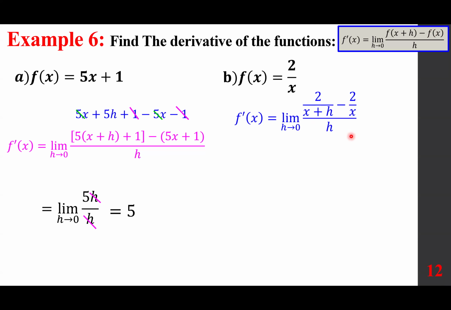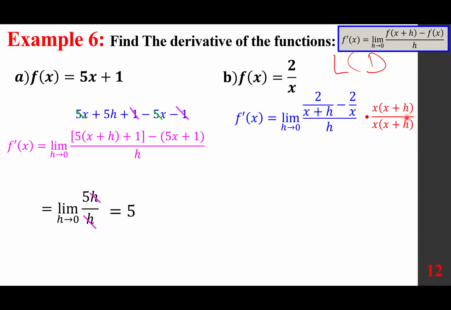You're dealing with a complex fraction. You multiply by LCD, which is x times x plus h. Multiply everything, the top and the bottom.